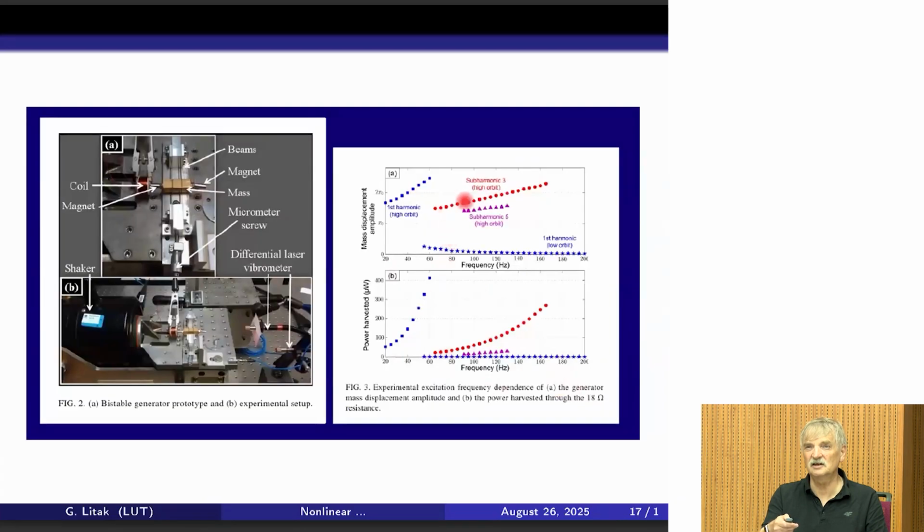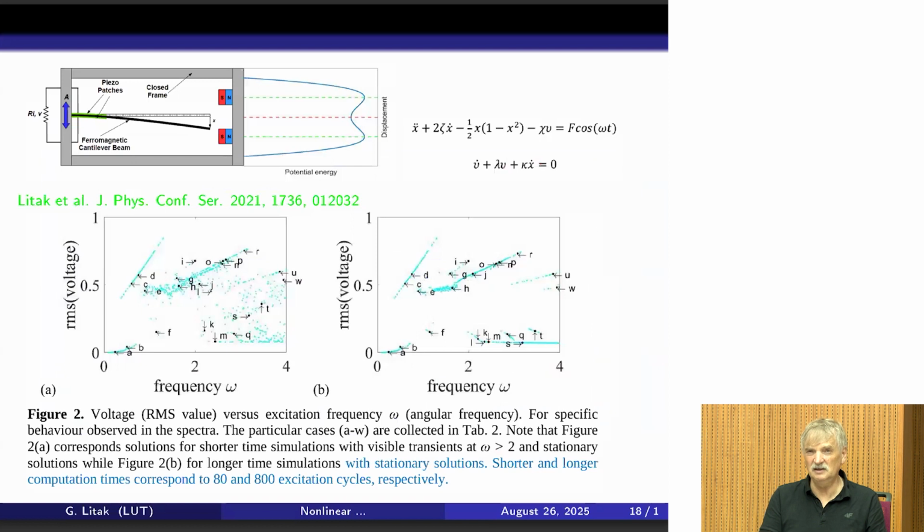So these branches are going beyond the single frequency. You see, but this is like a broadband effect. It's a broadband effect.